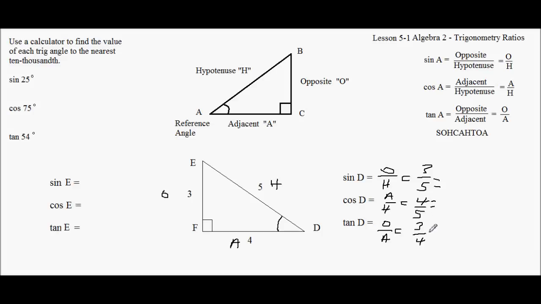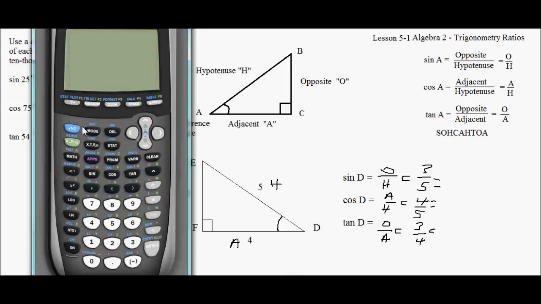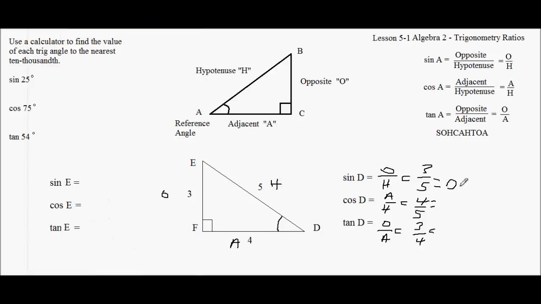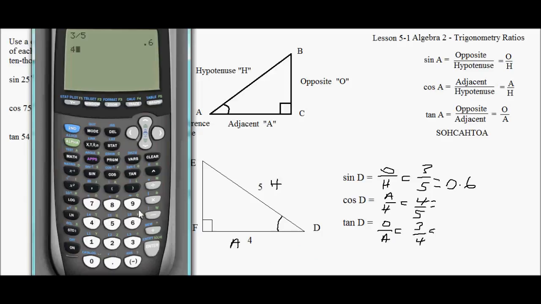Then we can figure out the decimal numbers by bringing in a calculator. Let's clear this off. 3 divided by 5 is 0.6. 4 divided by 5 is 0.8.